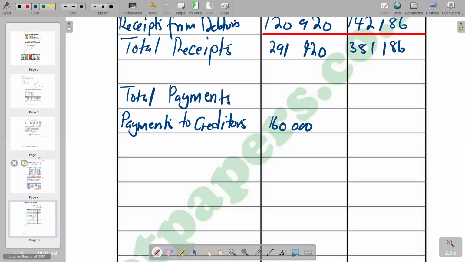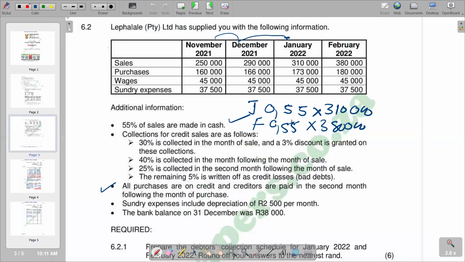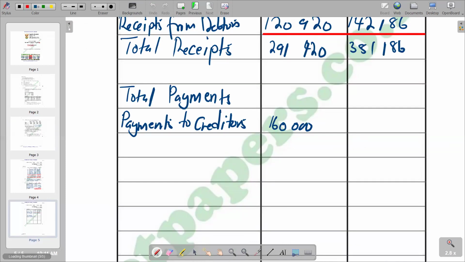And the ones for December are paid in February. The purchases for December are 166,000, so they will be paid in February. So that's what we have in terms of payments to creditors.